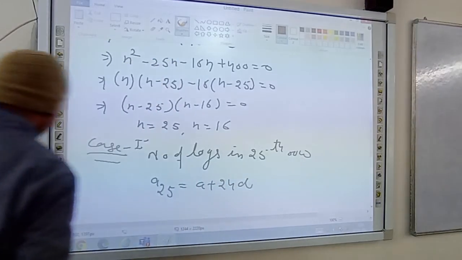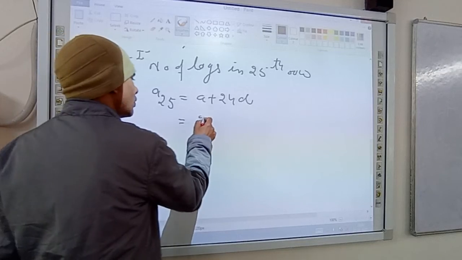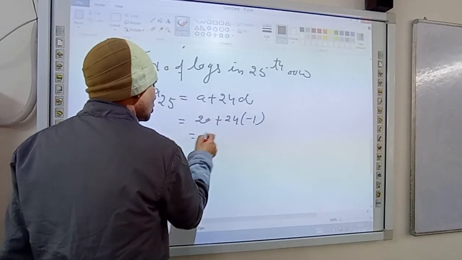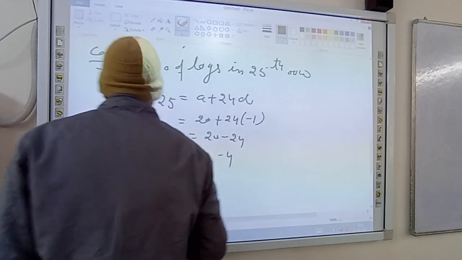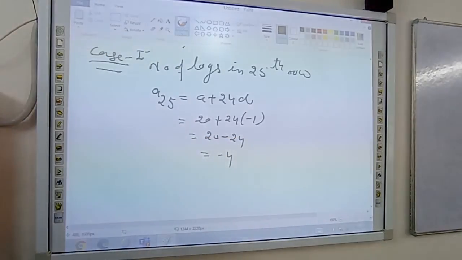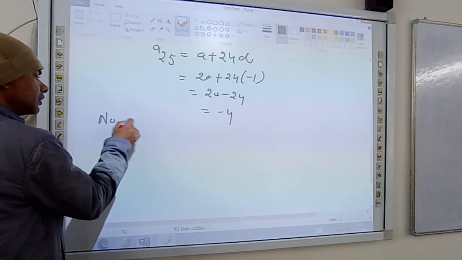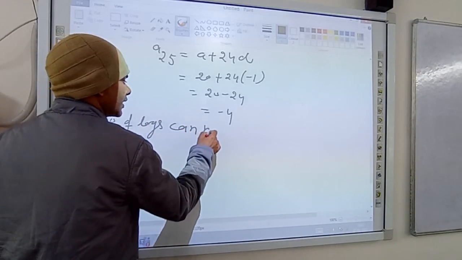Am I right or wrong? What is a? 20. 20 plus 24 into minus 1 is minus 4. Number of logs can never be negative.